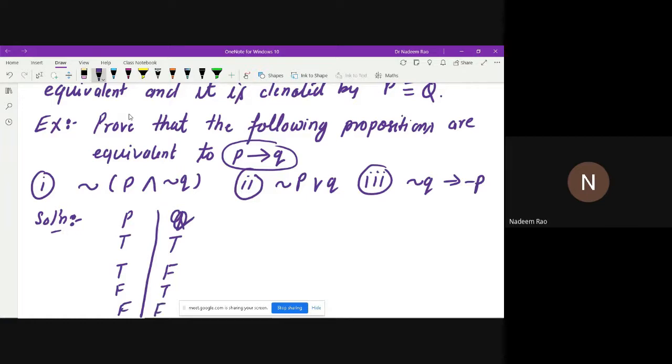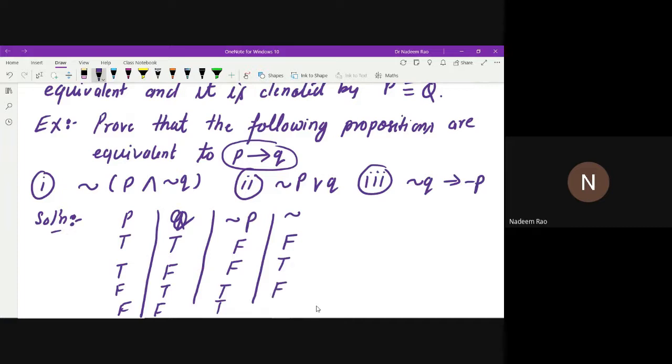Now, negation of P is false, false, true, and true. Then negation of Q is false, true, false, and true.